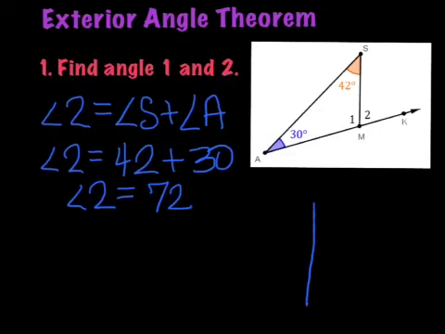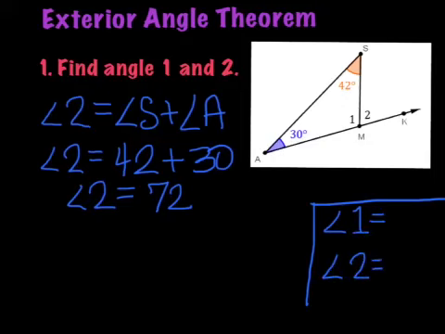So let me put a spot for my answers. Angle 1, angle 2. So we know that angle 2 is 72 degrees. Well, angle 1 and angle 2 have to equal 180. So let me write 72 degrees here, and then we know that this equals 180.